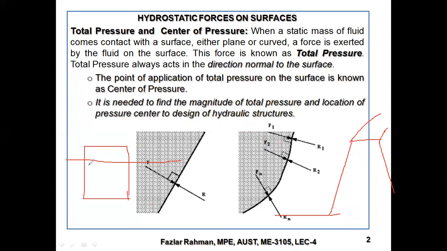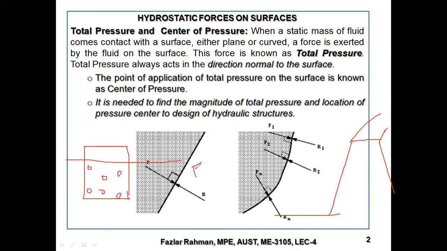How much is the pressure right over here? What is the depth from the top surface? Then how much is the pressure over here? What is the depth from the surface, right? Similarly, right over here, pressure will be high. So what I'm saying is, which pressure will you count to figure out the force?